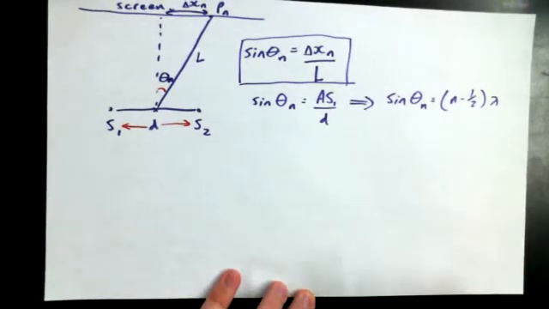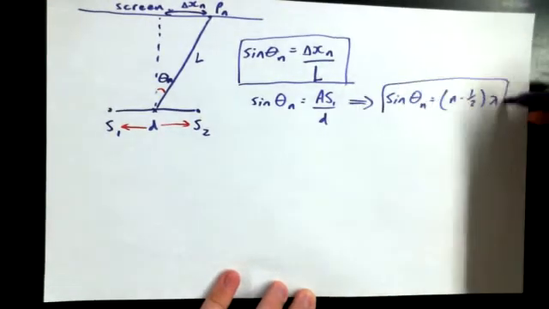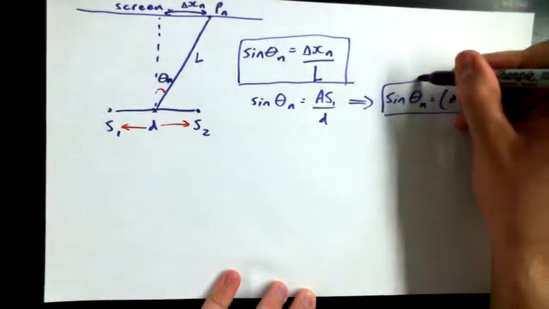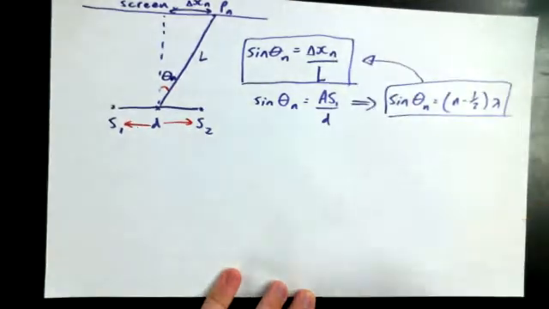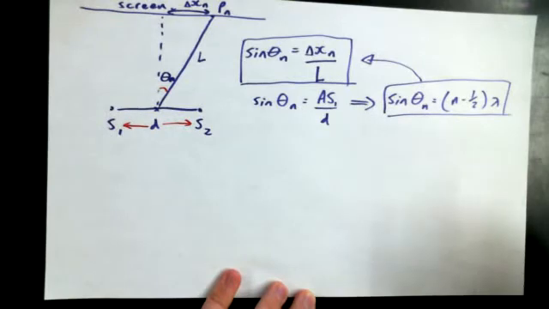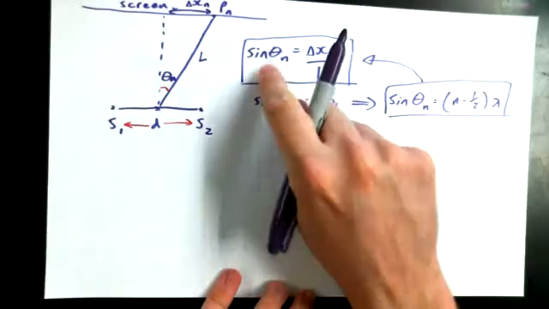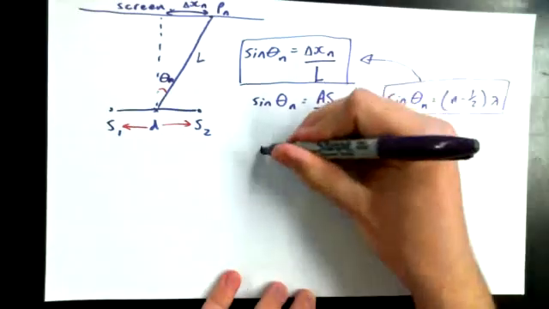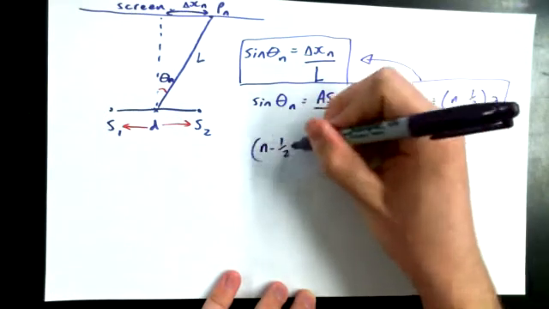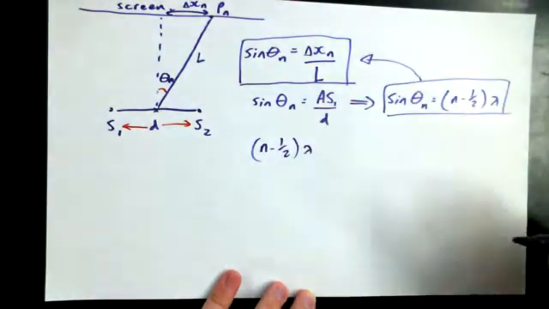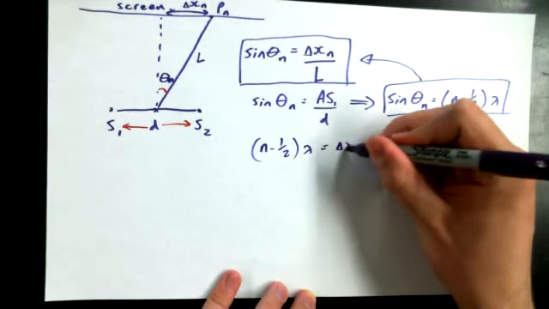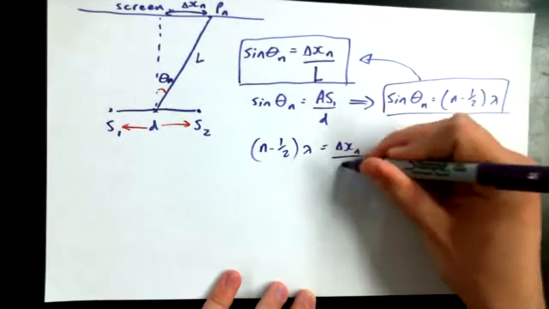And so I'd like to take what we've come up with before and sub it into the sine theta n spot, and you get n minus 1/2 lambda equals delta x_n over L.